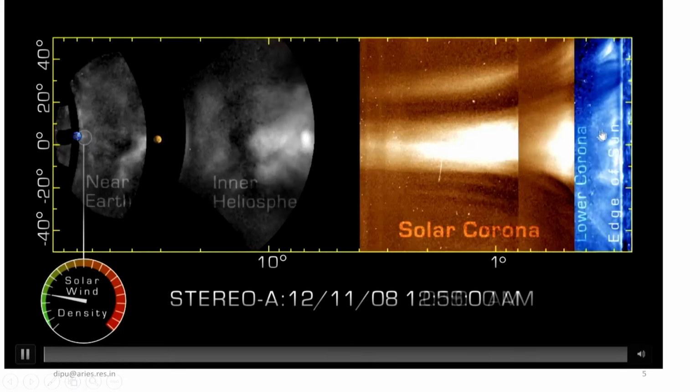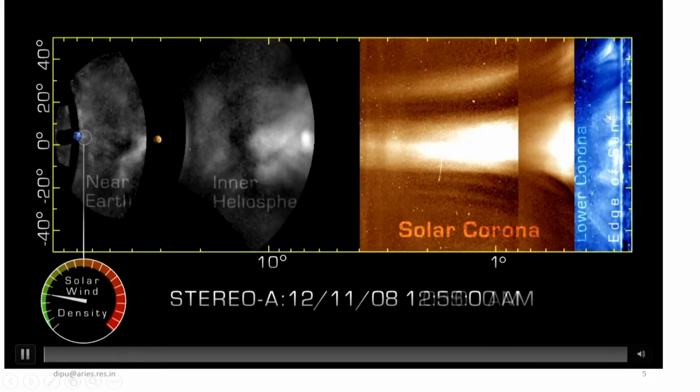And then this ejecta has come out, and we are taking it from what are called coronagraphs. This ejecta was recorded by the coronagraph, and then one layer of this outer coronagraph. Then we have another instrument called the heliospheric imager. This is the inner heliosphere, and then this is the near Earth environment. So you see the other planets also within this field of view.